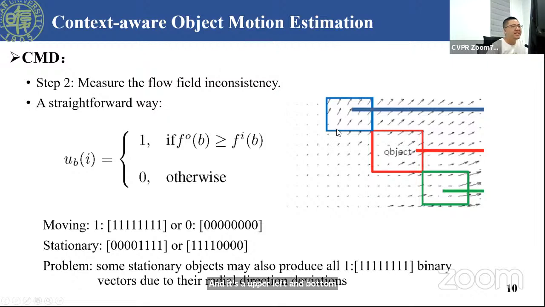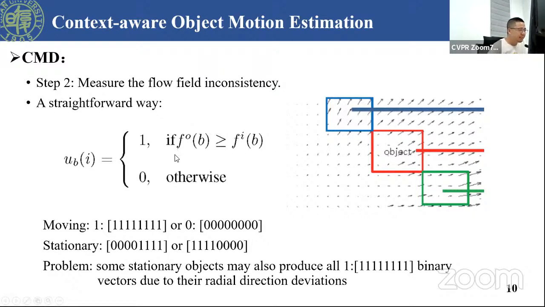A straightforward way is like this equation, which gives a value of 1 to generate a binary vector U only if the object value is larger than its surrounding flow values.